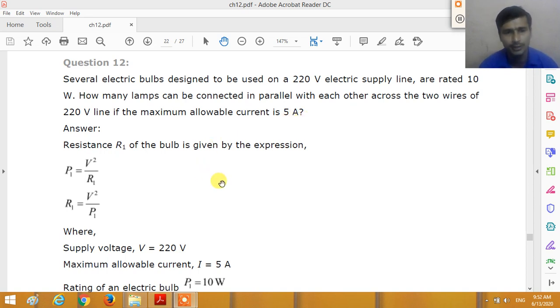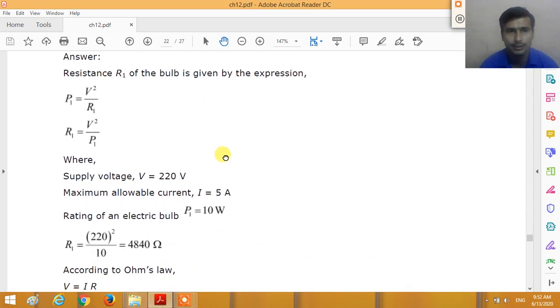So how do we calculate? Similarly, as we calculated in example number 10. Here the resistance R1 of the bulb is given by the expression, the power rating given to you, P1 is equal to V square by R1. So from this formula, R1 is equal to V square by P1. So here we take voltage V equal to 220 volt and maximum allowable current I equal to 5 ampere.